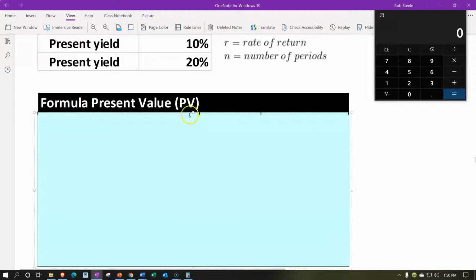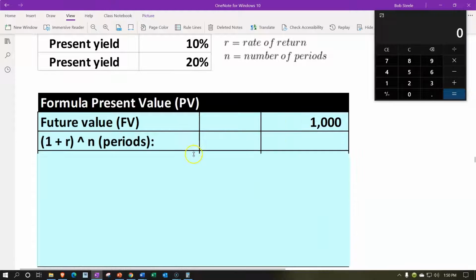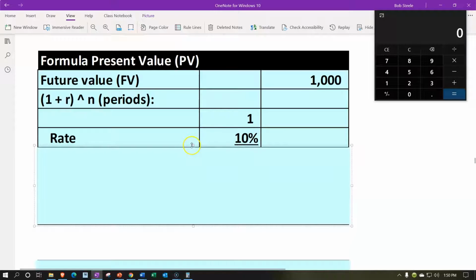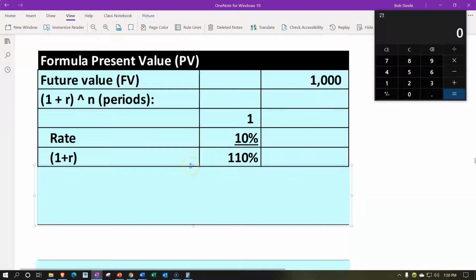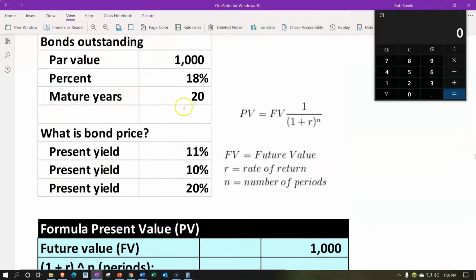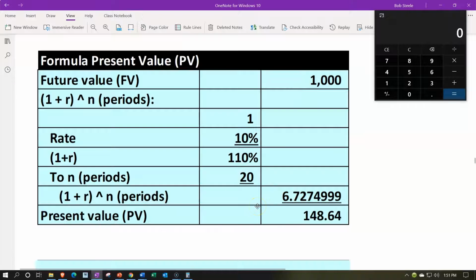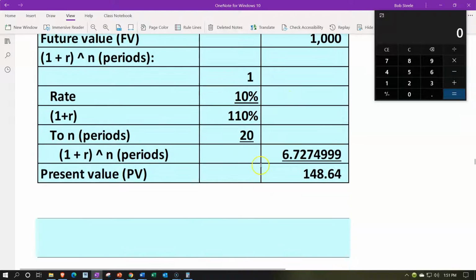Putting that into our table type of format, the numerator is 1,000, and then we're picking up the denominator, 1 plus r, 10% this time. 100% plus 10%, or 1 plus 0.1, gives us 1.1, or 110%, to the power of the number of periods, which is going to be 20. That then gives us about 6.7275. If we take the numerator, 1,000, divided by the denominator of the 6.727499 and so on, that gives us the 148.64. So that's going to be the value of that one payment at the end.